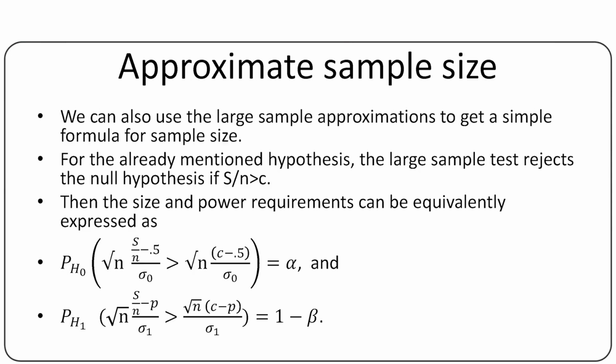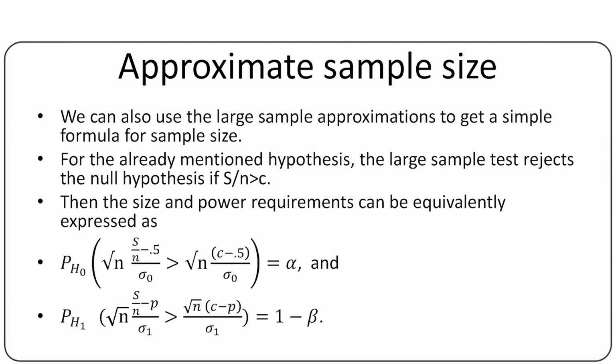To be specific, consider testing theta equal to 0 against theta equal to theta 1 with specified theta 1. Then, the large sample test, as we have defined earlier, rejects the null hypothesis if S by n exceeds C. The size and power requirements are probability under H0 of S by n exceeding C equal to alpha, and probability of S by n exceeding C under H1 as 1 minus beta.